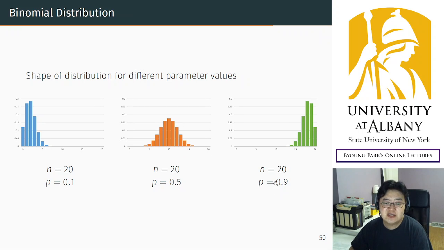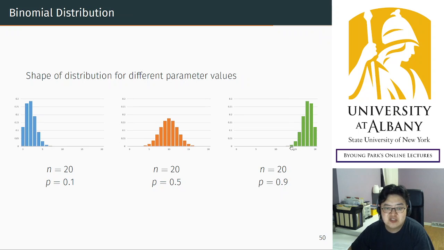And if you change the probability of heads, like to 90% or 10%, the distribution changes. When you throw a coin and the probability of heads is 90%, then on average, the number of heads you see from 20 coins would be near 18. 90% of 20 is 18, so the probability will be high here.